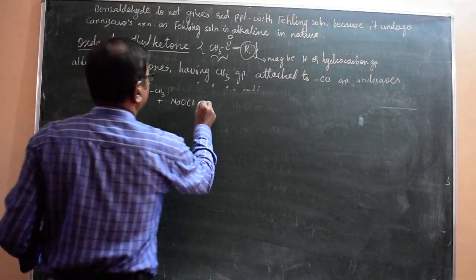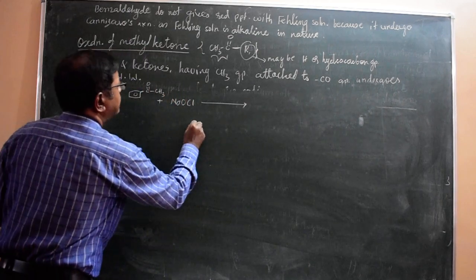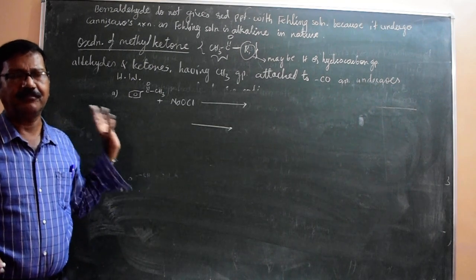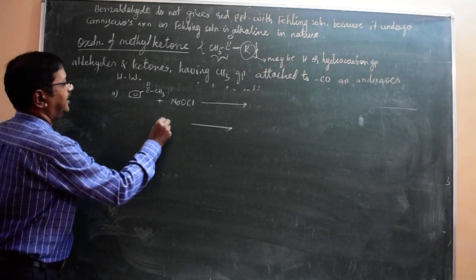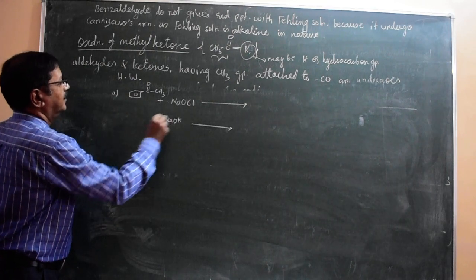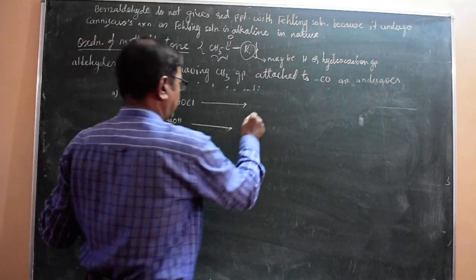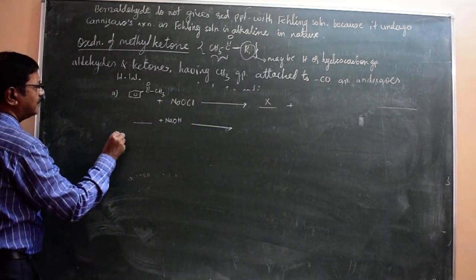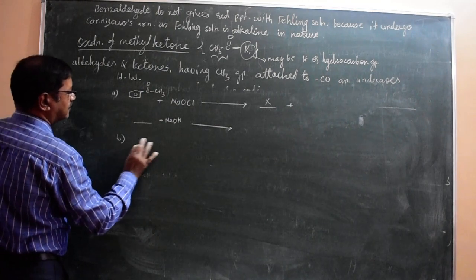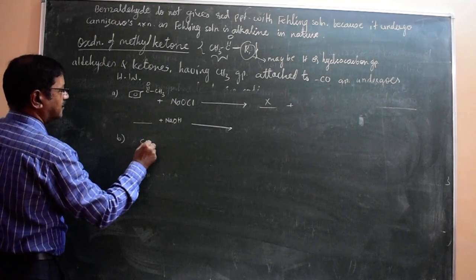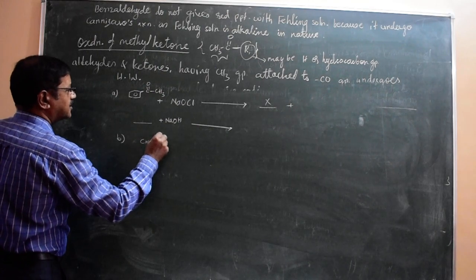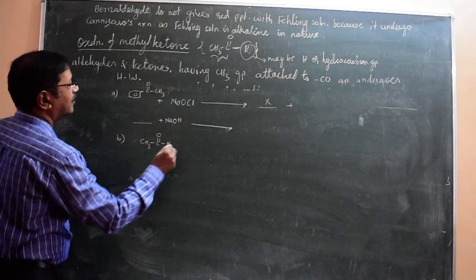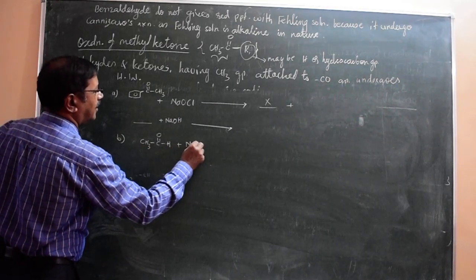We have two reactions; complete the first equation, then complete the second equation with NaOH, giving X plus B. Then CH3 C double bond O H, we know this is called an aldehyde, plus NaOBr.